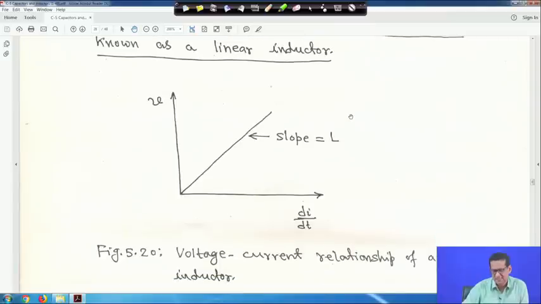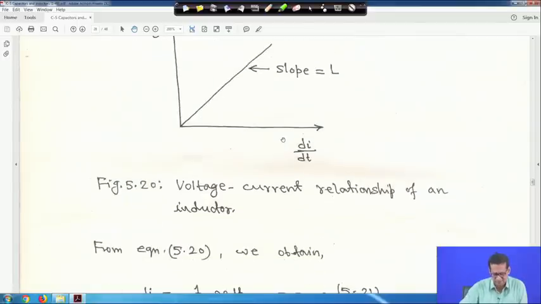When L is independent of the current, with V on the y axis and di by dt on the x axis, it is simply a straight line passing through the origin, and L is the slope. L is not a function of the current, so it is a linear inductor. This is the voltage-current relationship, simple as it is.